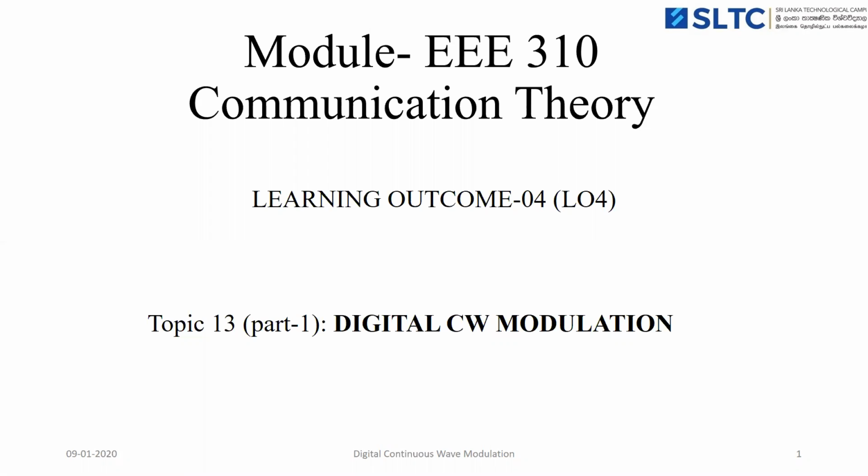In the previous session, we studied amplitude modulation with noise. After that, we studied angular modulation with noise. In amplitude modulation, we use two types of detector: the synchronous detector and the envelope detector.